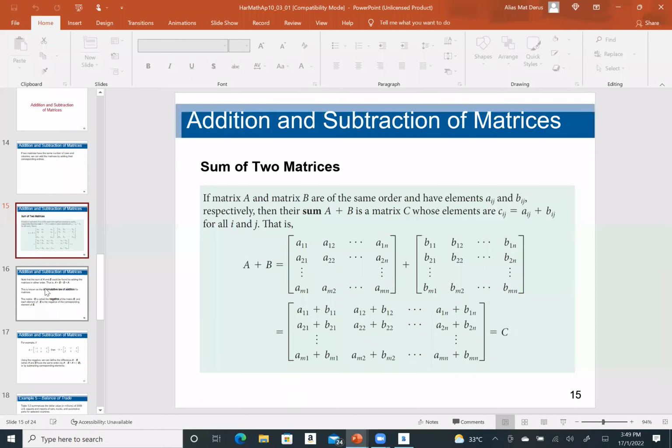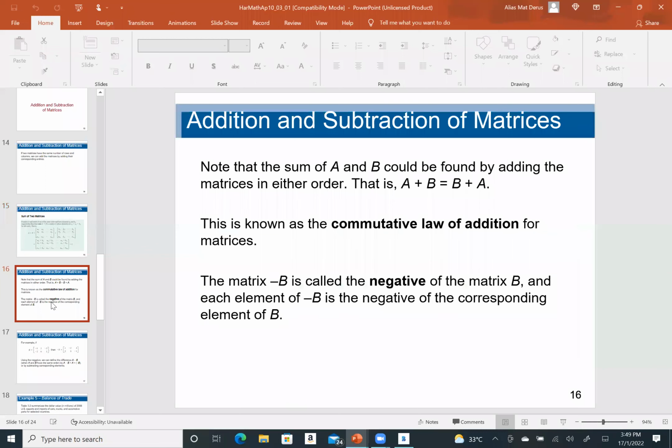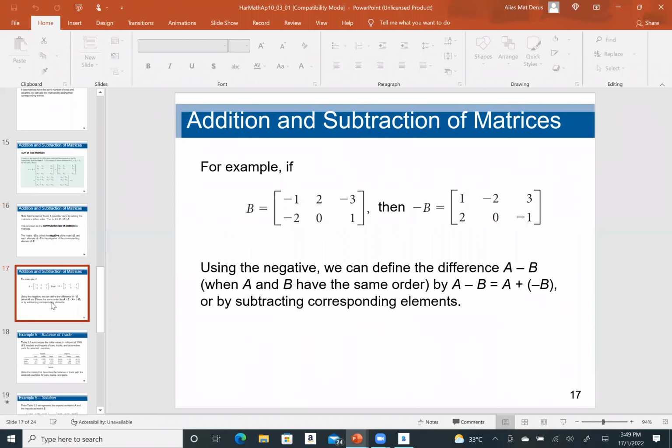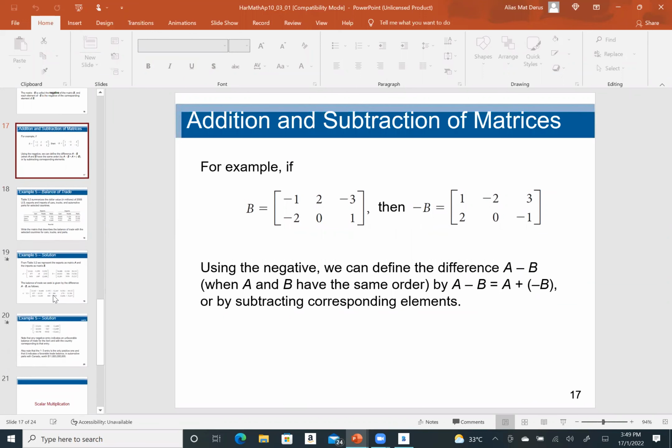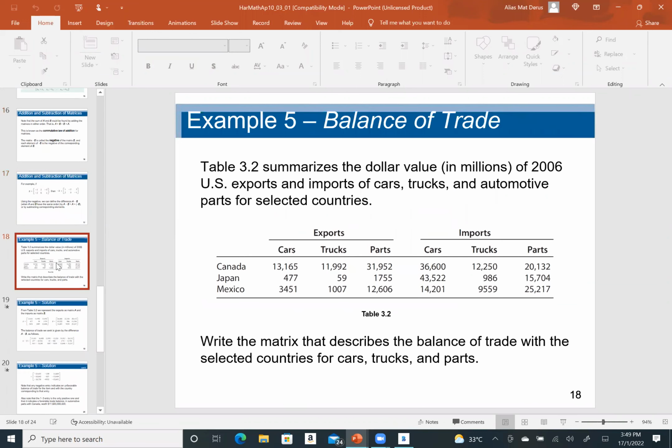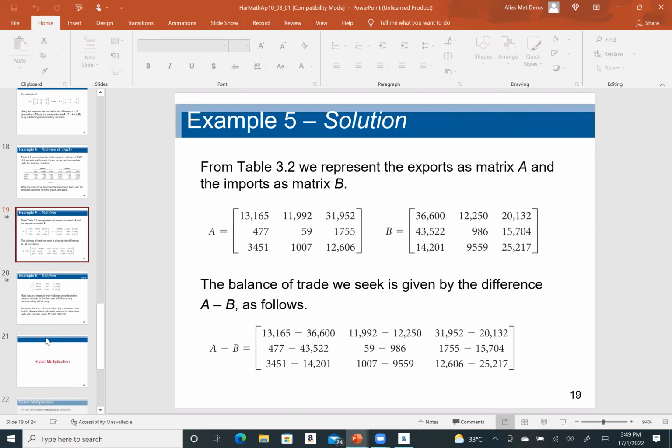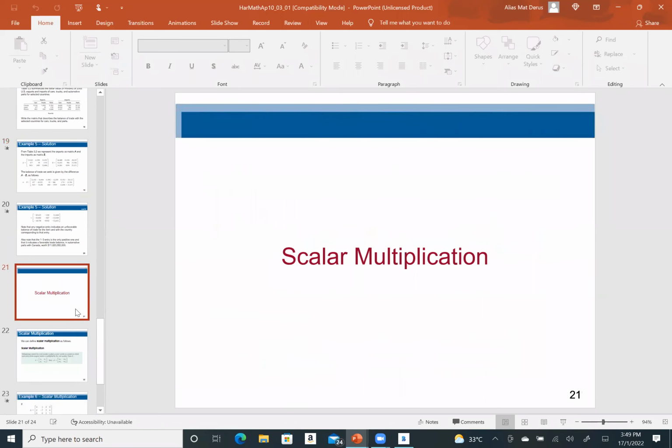Let me see. Ini. And then addition and subtraction. Here you have scalar multiplication.